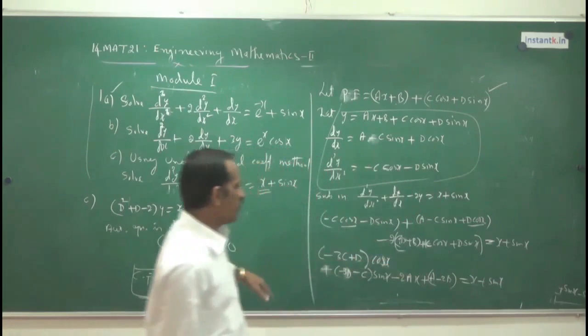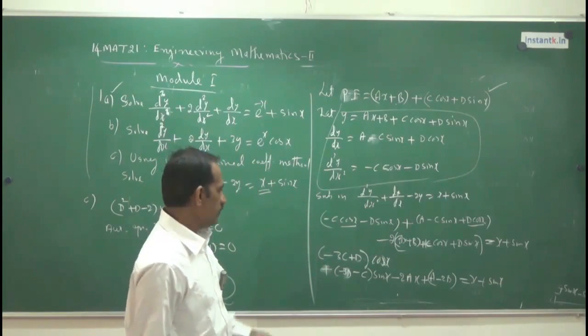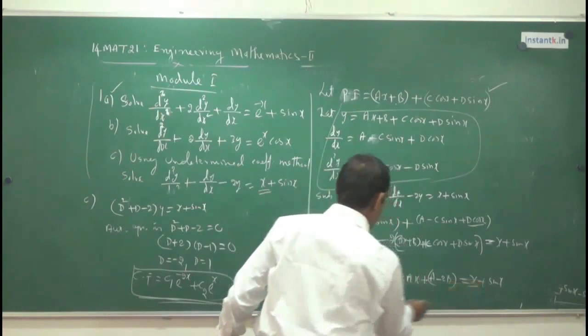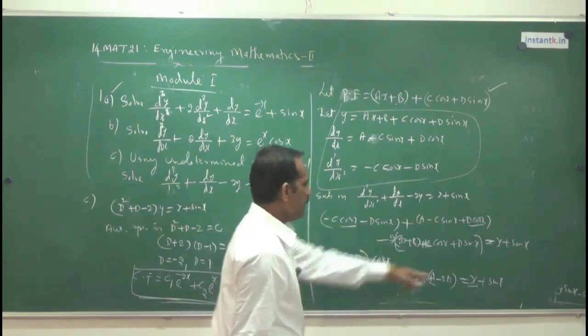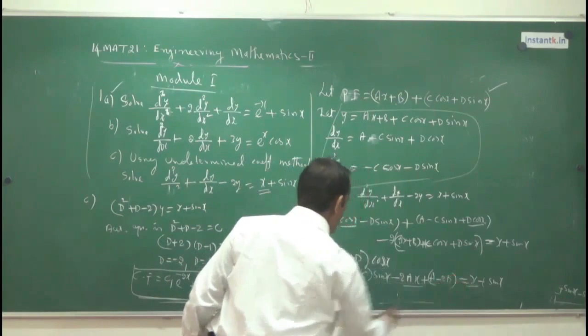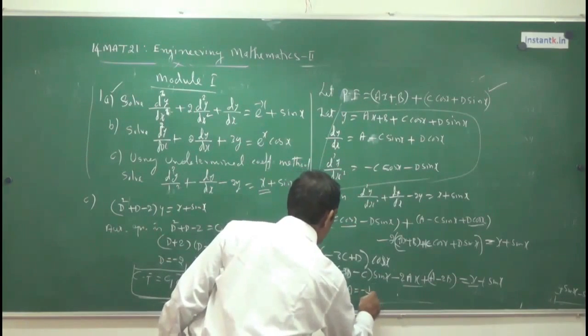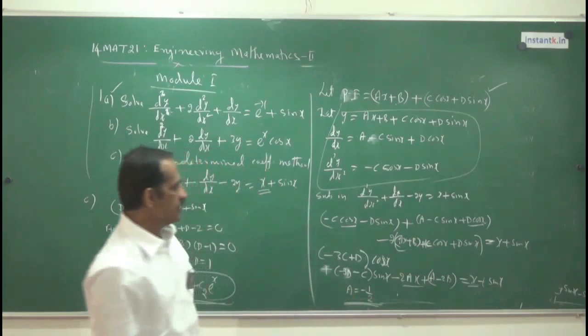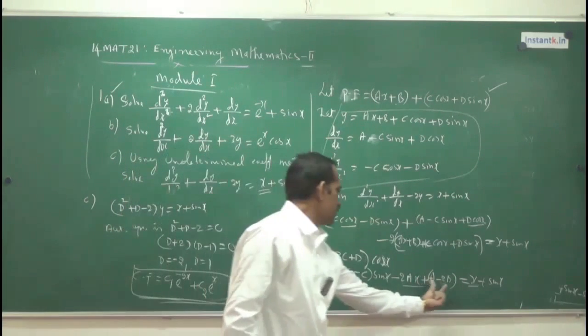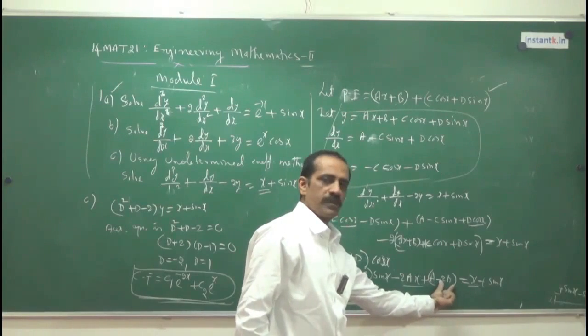Now you compare the coefficients and you can get all these values. Comparing the coefficient of x, minus 2a is equal to 1, so a is equal to minus half. Next, compare the constant terms. The constant term here is a minus 2b.